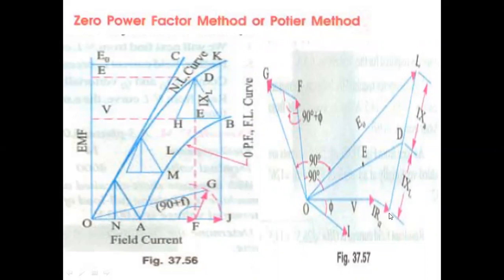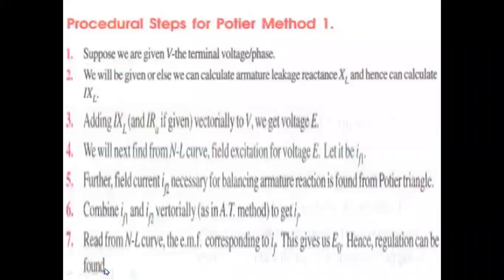Okay, there are some steps for the Potier method. We will go through the steps. See here. First step, we are given the V terminal voltage per phase. Then we will be given, or else if it is not given, we have to calculate the armature leakage reactance XL.